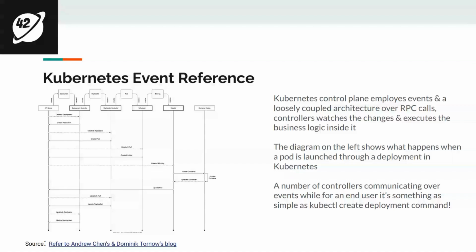Then the kubelet, which is also a kind of control loop, is looking for the pods which are designated to run on the very node where this kubelet is. You can have hundreds and thousands of nodes in a Kubernetes cluster, right? And each node is going to run a kubelet.